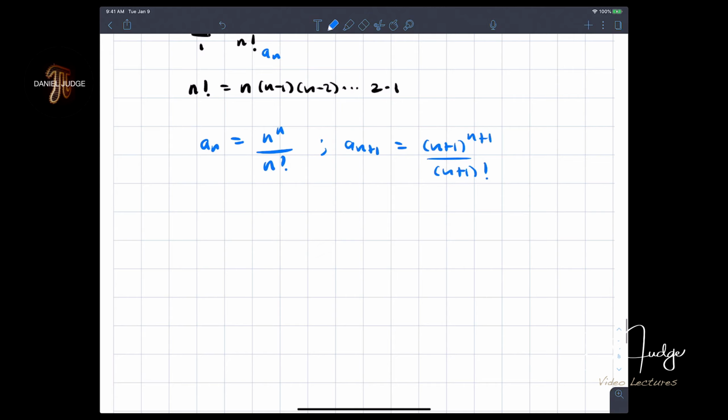And you say, okay, Mr. Judge, do we take the ratio and absolute value of those? Yes. But let's be smart about it. We start with the a_n plus 1 term, the future term here, because this is my numerator. And we're going to be smart about this.